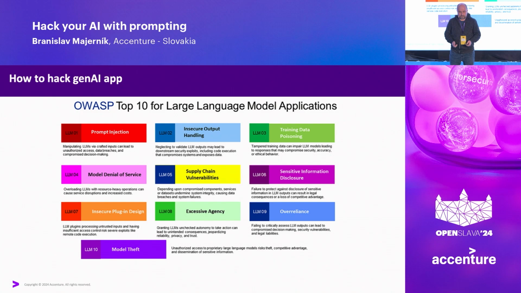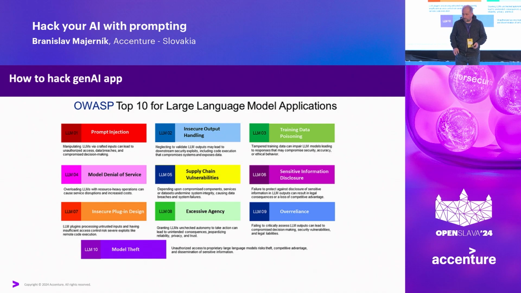There is a list of the top 10, maybe top 20, but now you can see only the top 10 potential threats for LLMs. These threats are collected by an organization for security. You probably know this, OWASP. It's an internet organization for web application security, and they collect this kind of stuff.